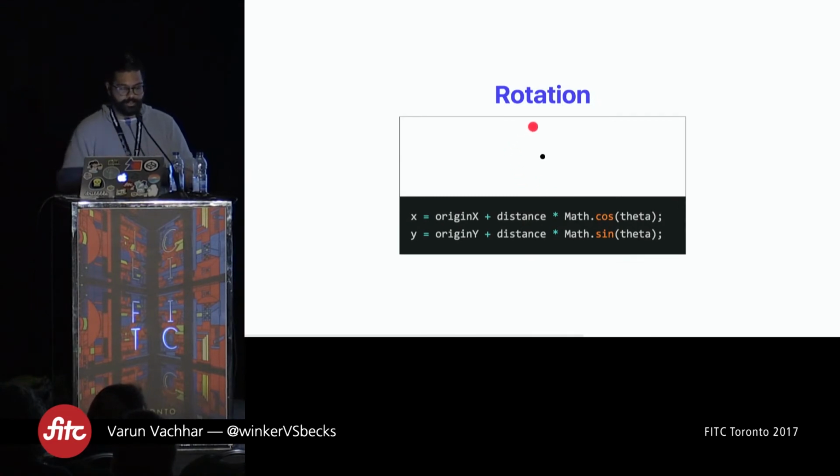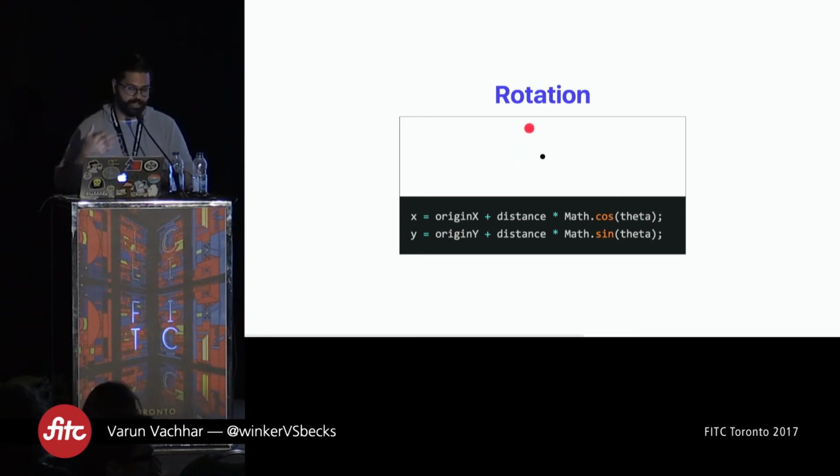And finally, we can also use this to drive rotation. In this case, we're trying to rotate the red ball around the black dot that's in the center of the screen. To do that, now we need to calculate both x and y values for that ball. So x in this case is the x coordinate of the origin, that's the black ball in the middle, plus the distance, that's the distance between the black dot in the middle and the red ball that's rotating, times cos of theta.